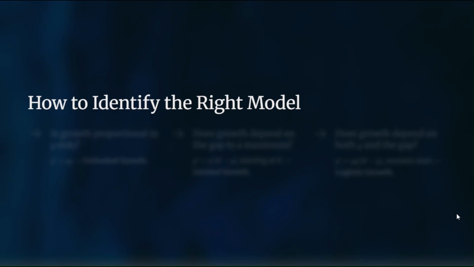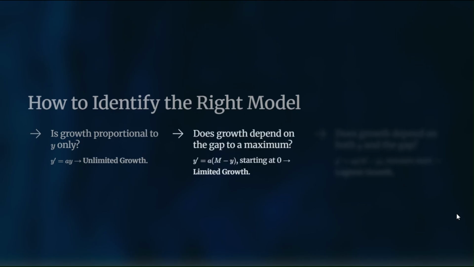So how do we identify the right model? Is growth proportional to y only? Is my differential equation y prime equals a times y? Well, that will be unlimited growth. Does growth depend on the gap to a maximum? Is my differential equation y prime equals a times (m minus y) and it starts at 0?